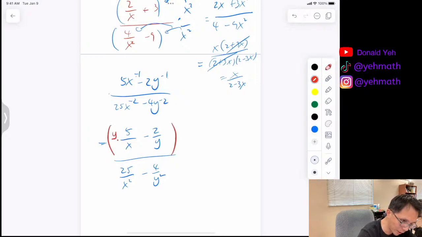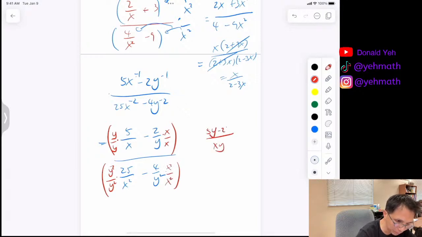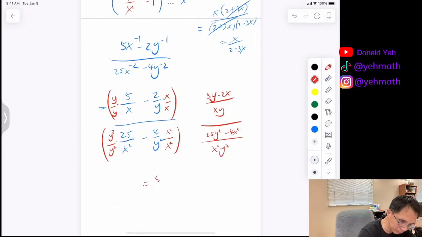Multiply this by y over y, x over x. This is y squared over y squared, x squared over x squared. Do you guys do that? Now I did it a little longer way, but you guys can try to figure out if you can do the shorter way, because I don't have time.